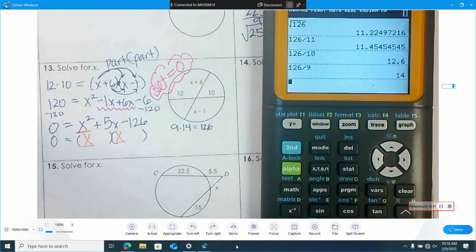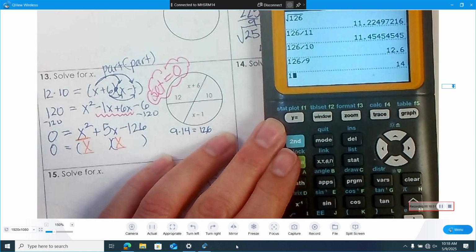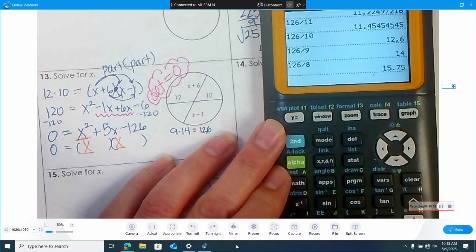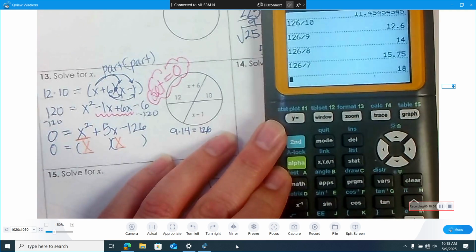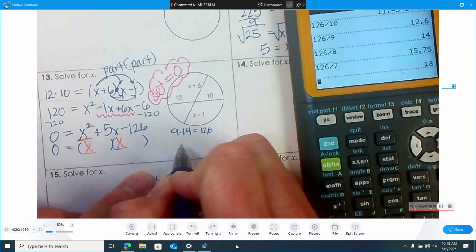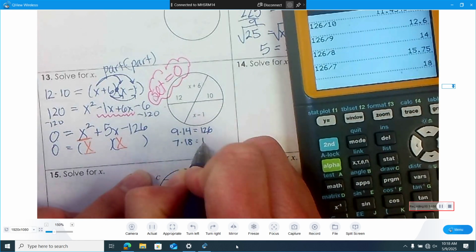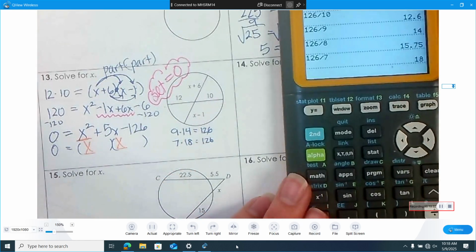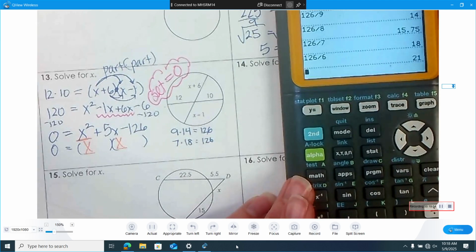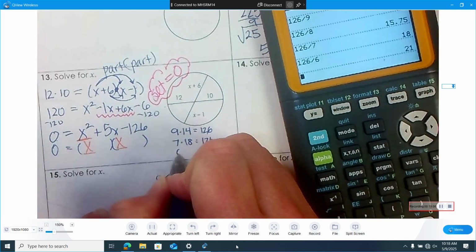I'm no genius. I didn't know them either, so I went through this exact same process. And I could keep going. 126 divided by 8. Nope. 126 divided by 7. Hey, there's another. 7 times 18 is also 126. And I could keep going. So there's 6 times 21.